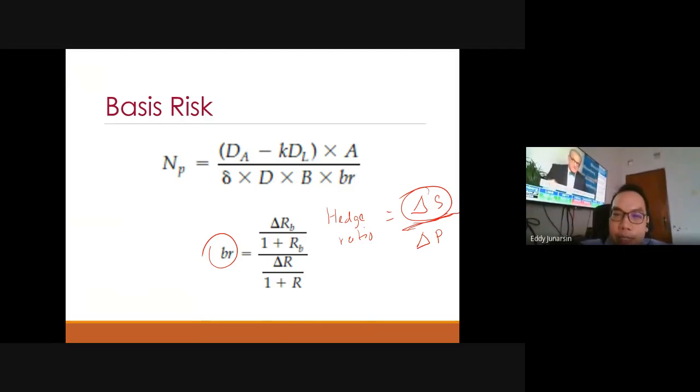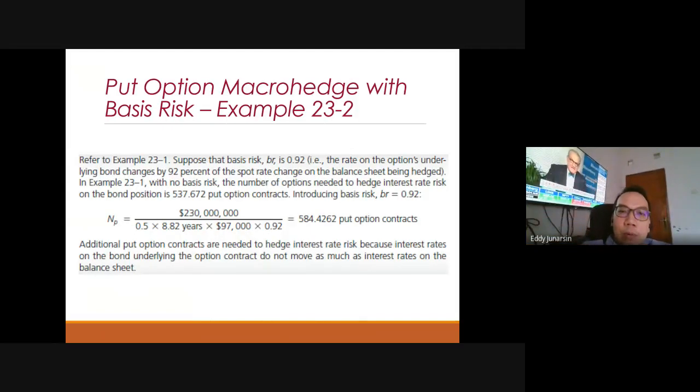But here we'll see an example. So what is it now? 0.92. So you can imagine, 0.92 is like 92 per 100, or 0.92 per 1.